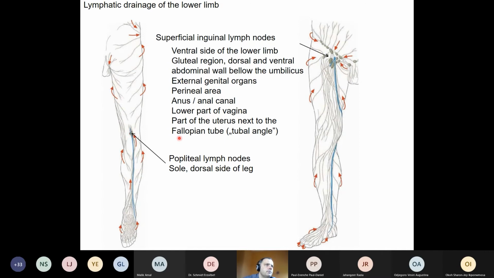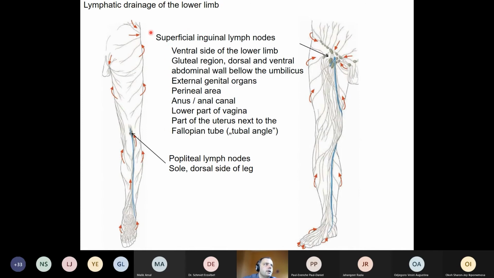And then if we return to the anterior side, you will see that the lymph nodes in the inguinal area will pick up these lymphatic vessels, but not only from the front side of the lower limb, but several areas also belong to this group. And please note the list here. This is absolutely required in the exam.